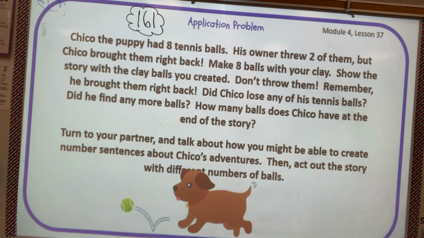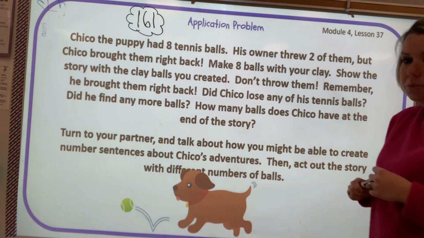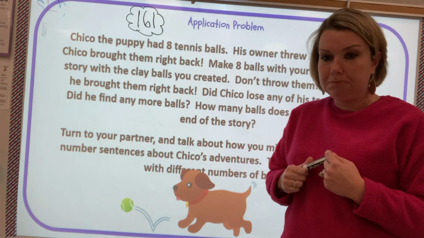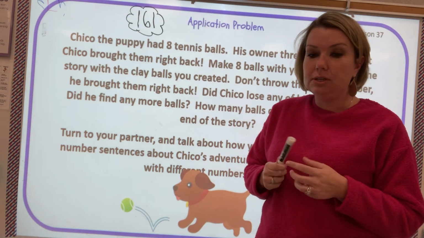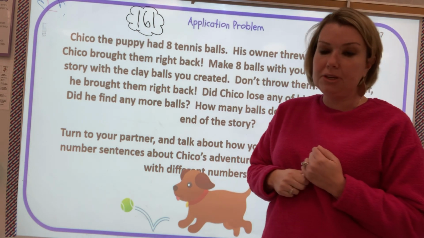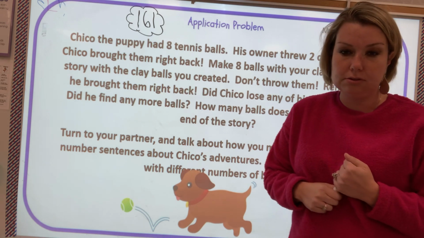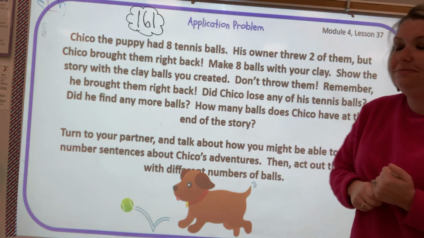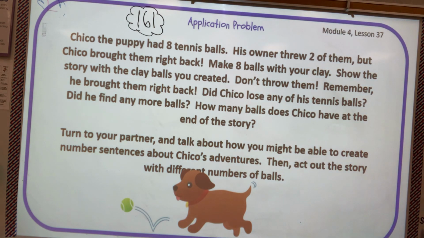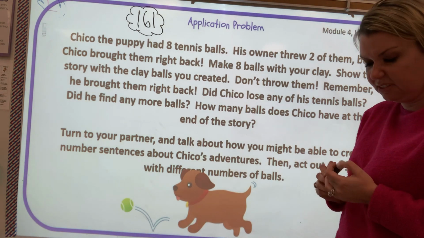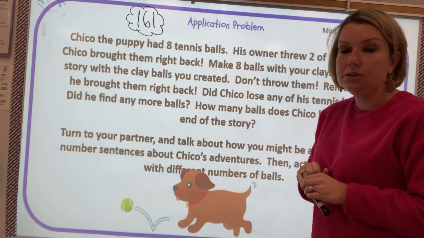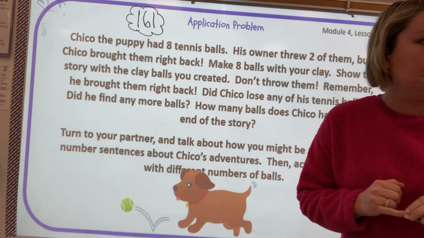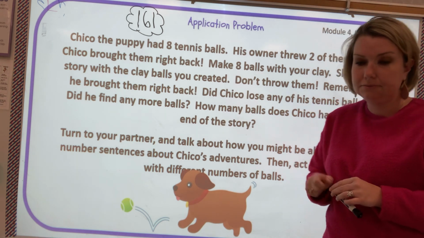Now, to do this story, I want you to get your cubes. You can draw, but if you want to use cubes, you can use them too. But you can draw if you choose. Miss Kate, my mom's getting my math book. What were you saying? If you want to use cubes or objects, you can use them or you can draw. Okay.